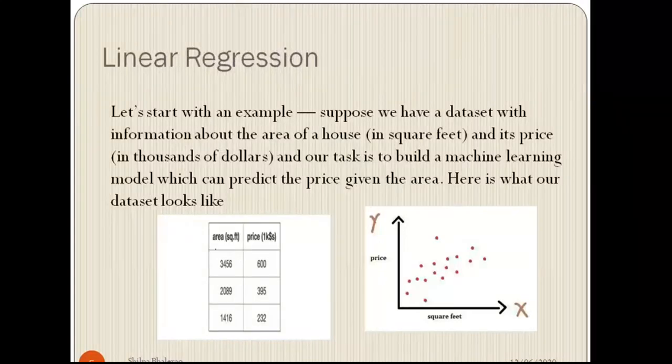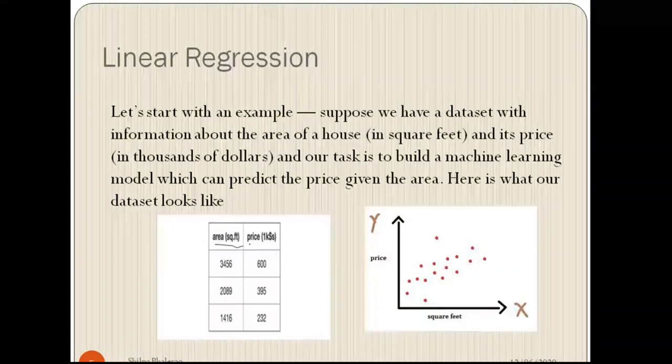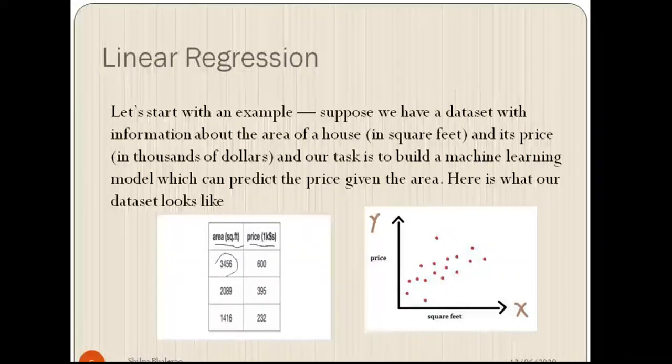Another example we can take is the area of the house. This is a very well known example from Andrew Ng's video lectures, and we need to predict the price of the house. So the independent variable is x, the area, and the dependent variable is the price, y. Again we have the data, and based on this data we need to predict the line.